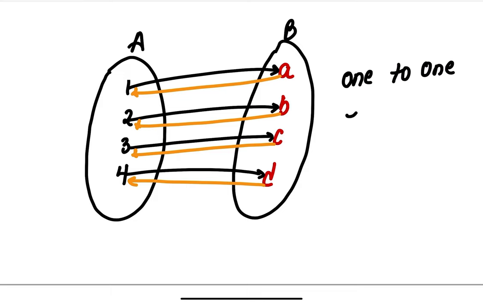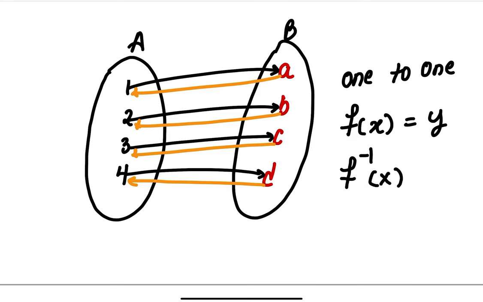And how do you find the inverse? If I have a function f of x is equal to y, then the inverse is represented as f to the power -1, f inverse of x. So this is a function f of x, and this is a function f inverse of x.